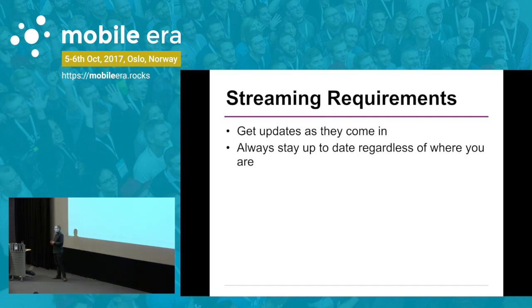So what are the requirements for our app? Of course, we need to get updates as they come in. As soon as possible, we want to update my UI to actually show that lights are going on, temperatures are changing, jacuzzis are turning off and on. So we need to stay up to date, regardless of where we are in the app.